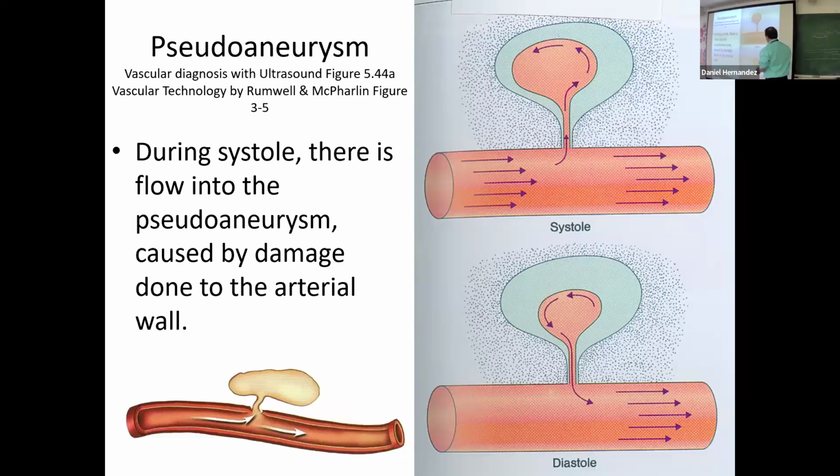So in that neck, we get a very distinctive flow pattern. It's a bidirectional to-and-fro flow pattern. During systole, blood flow enters into the hematoma, swirls around, and then during diastole, it exits back out.